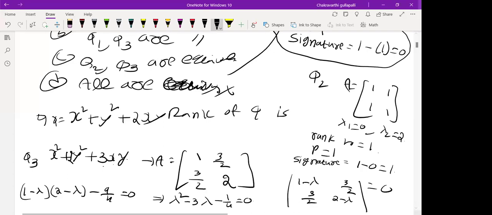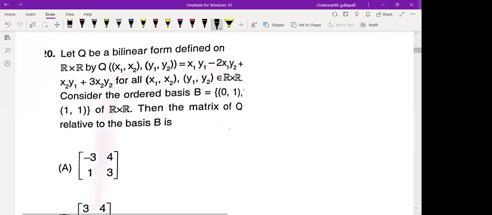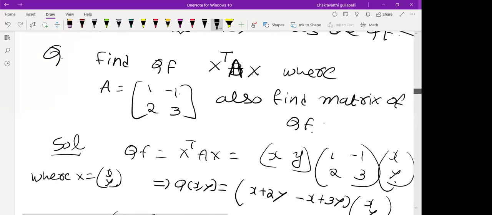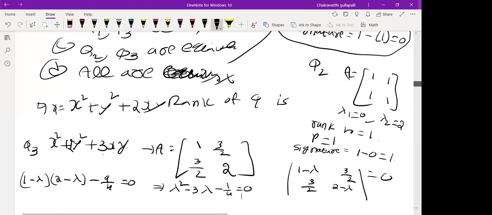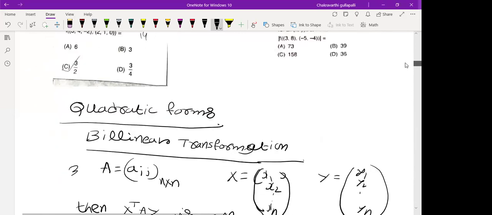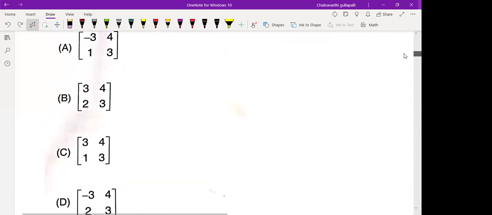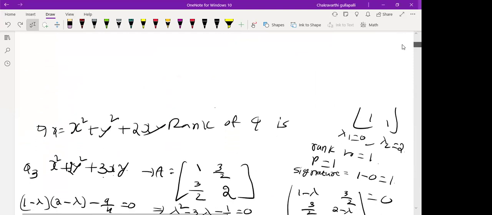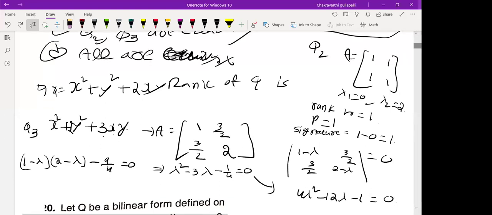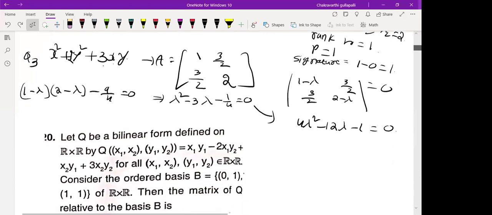So how do we find the eigenvalues for this? Apply minus b plus or minus root b square minus 4ac. So what will we get? That is 4 lambda square minus 12 lambda minus 1 equals 0. Now apply minus b plus or minus root b square minus 4ac.